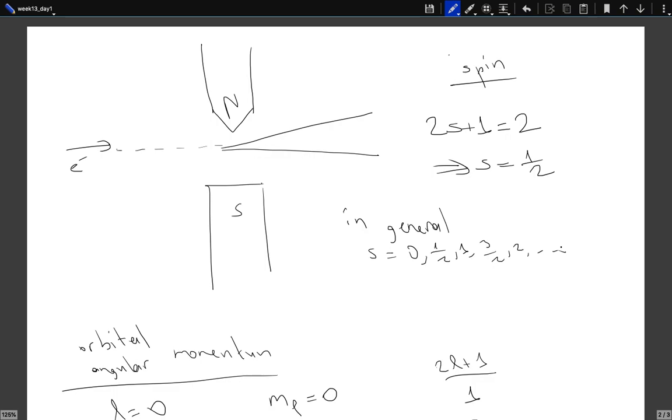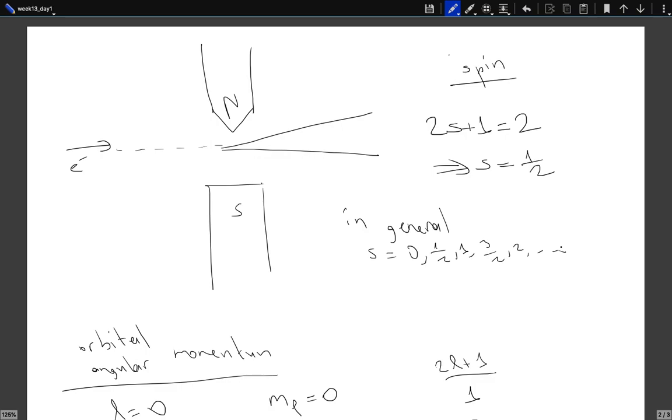So we describe the photon as a vector. A vector is a quantity that has spin 1. This observation tells us that the electron also has a direction, even if it's not moving, it has a characteristic direction, just like the photon.